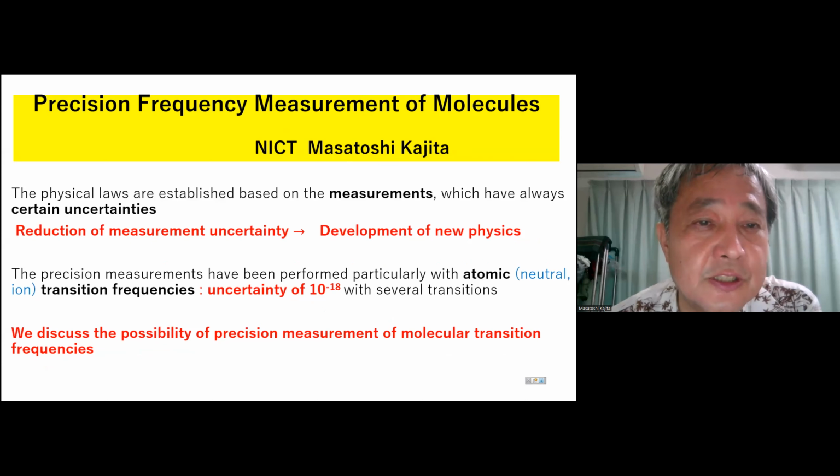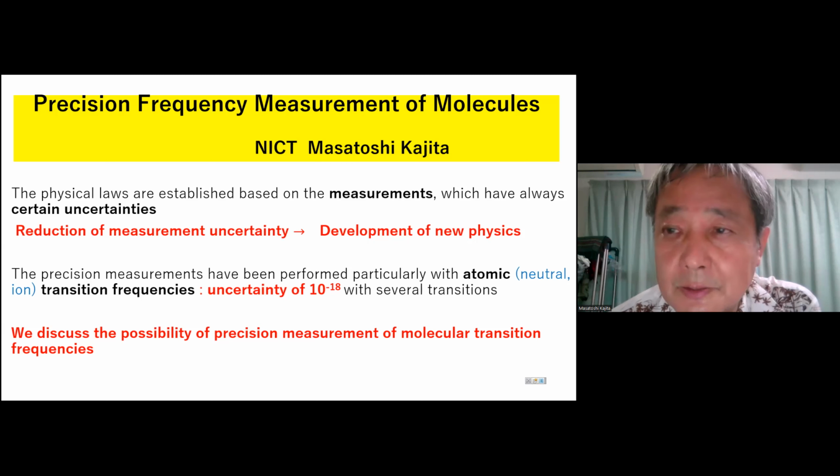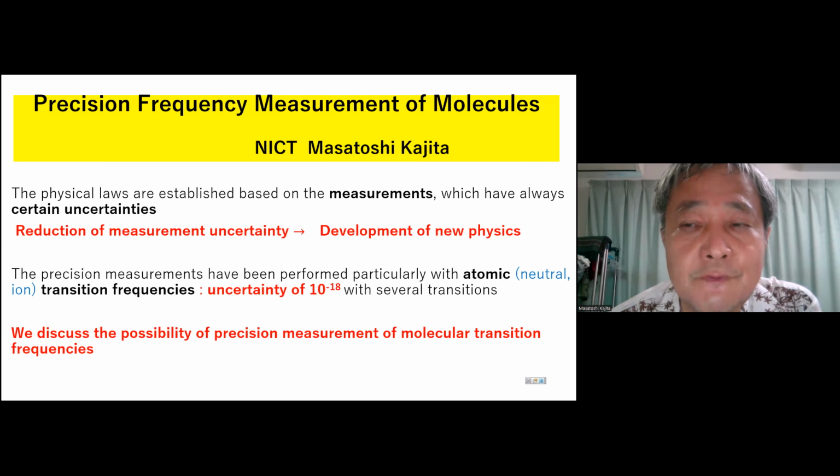The physical laws are established based on measurements, but there are always certain uncertainties. By reducing the measurement uncertainty, a new discrepancy with the previous laws can be discovered, and development of new physics is required.